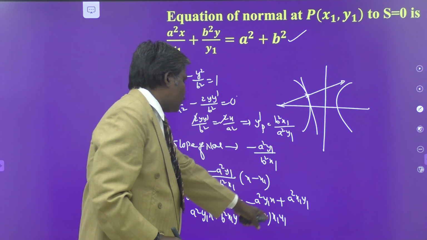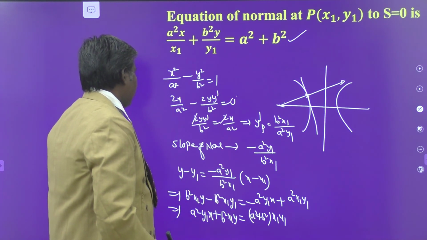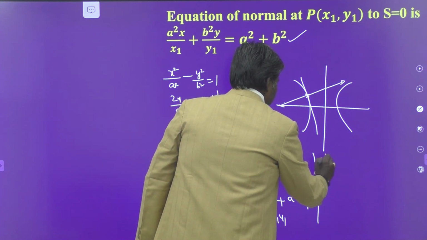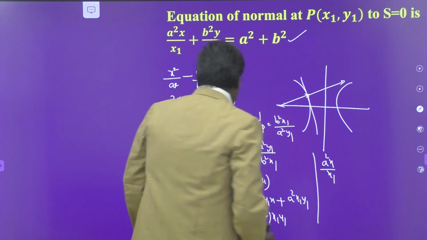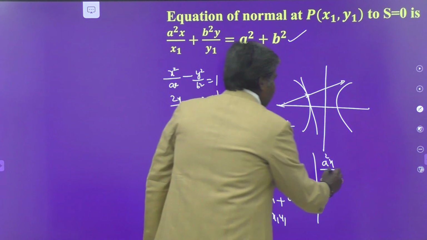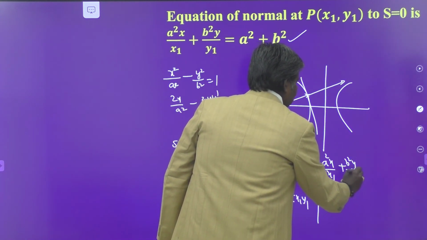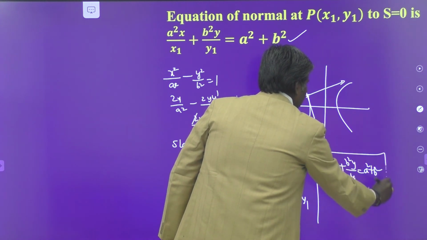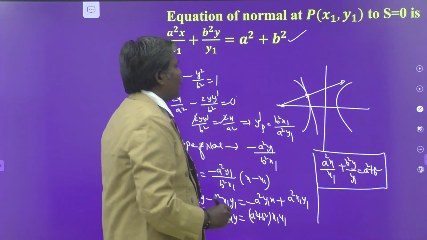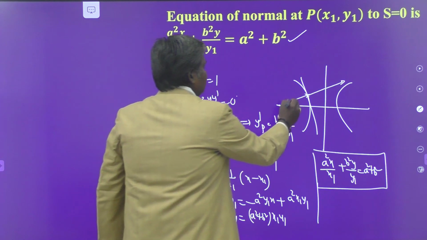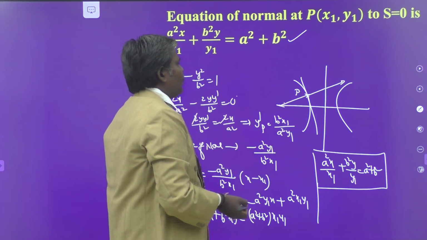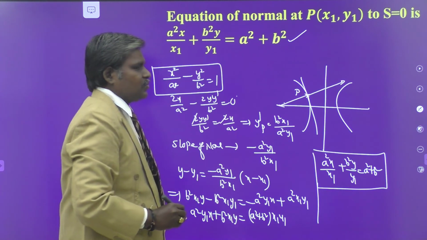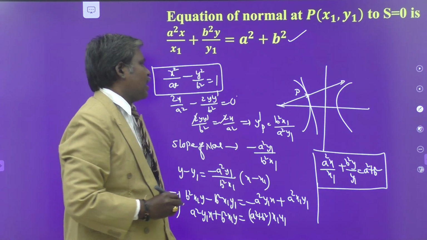Now dividing on both sides by x1 y1, we get a square x by x1 plus b square y by y1 is equal to a square plus b square. This is the equation of normal at P(x1, y1) to your hyperbola, that is x square by a square minus y square by b square is equal to 1. Okay.